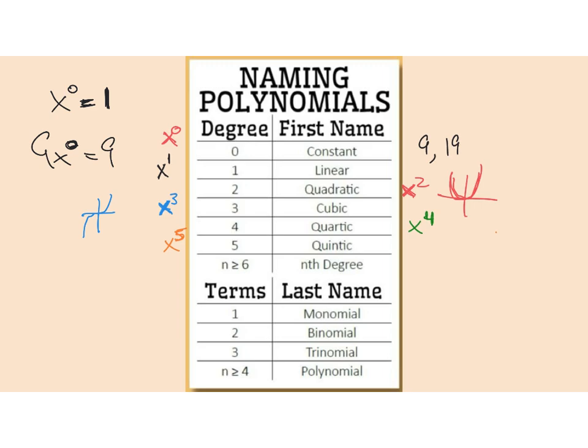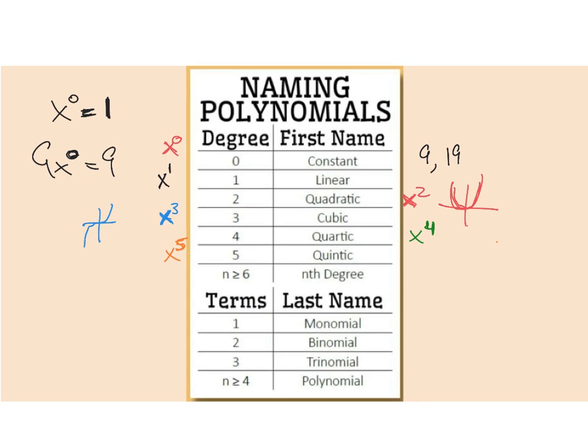So now, terms. Monomial. If you have a number and a variable, that is one term. 1, 9, x, x cubed. One term, monomial. Binomial. Two terms. X plus 3, x squared plus x.